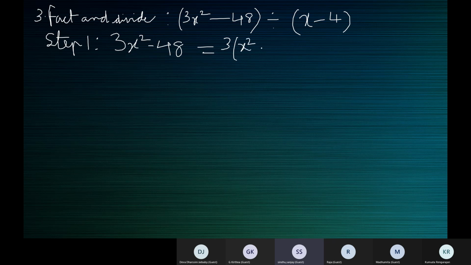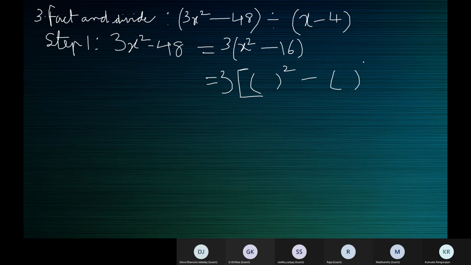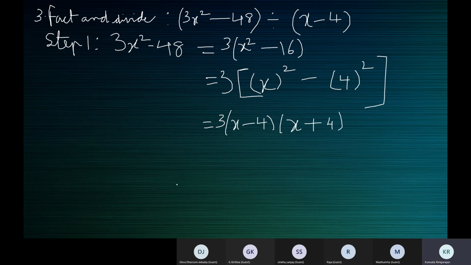x square minus 16, ma'am. And it is in the form of a square minus b square, ma'am. a is x and b is 4, ma'am. And the next step is x minus 4 into x plus 4, ma'am. And we have to divide, ma'am.